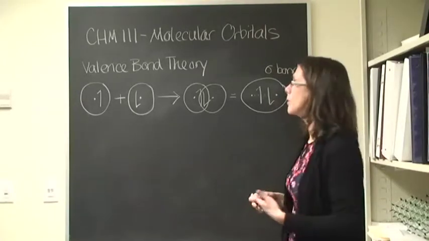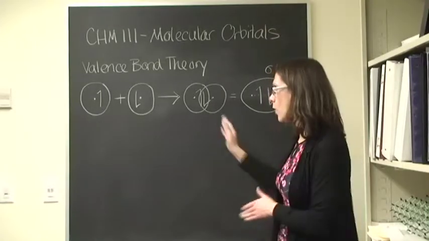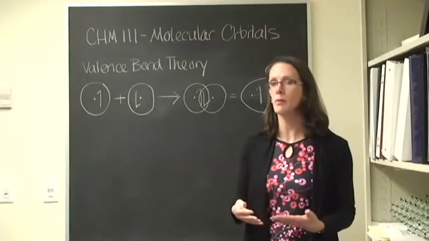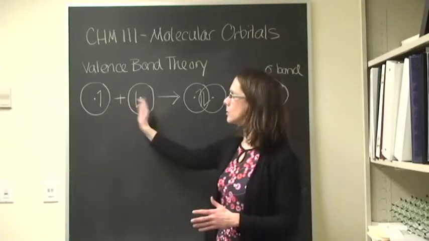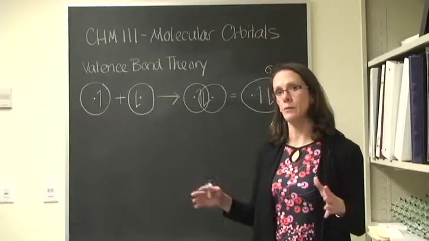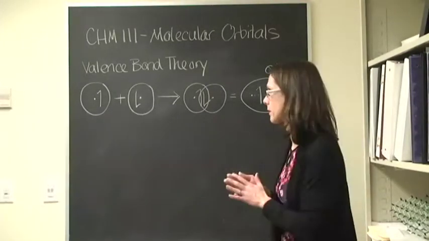Well, molecular orbital theory is much more based in quantum mechanics. There's some quantum mechanics here in that we have electrons in 1s orbitals, and that comes from quantum mechanics. But when we combine the orbitals, we actually kind of threw that out, and we just thought about these things very much as spatial entities, orbitals that overlap to form a bond.